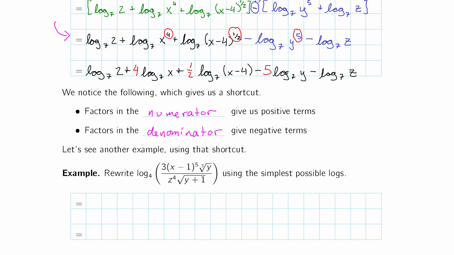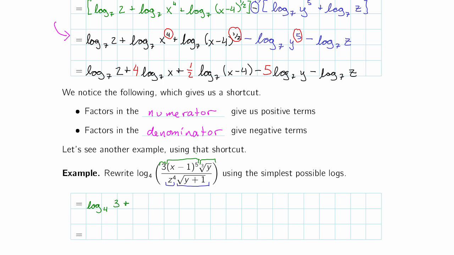We see that we have 1, 2, 3 factors in our numerator, and we have 1, 2 factors in our denominator. So we're going to end up with 5 terms, 3 positive and 2 negative. Looking at the numerator, the first factor is a 3, so we'll have a log of 3.